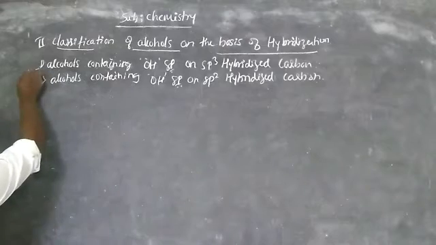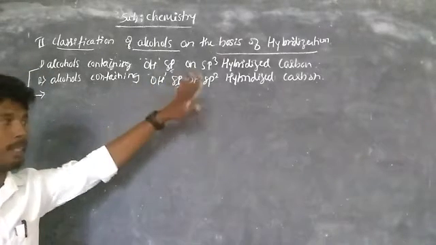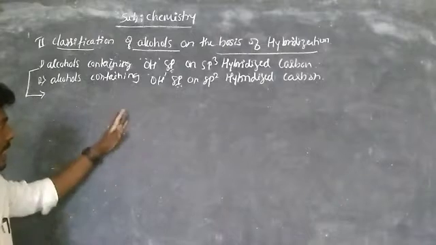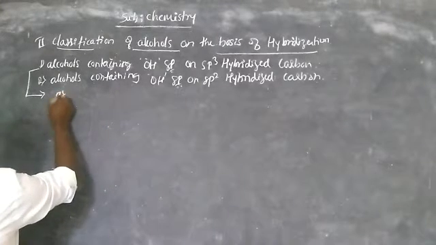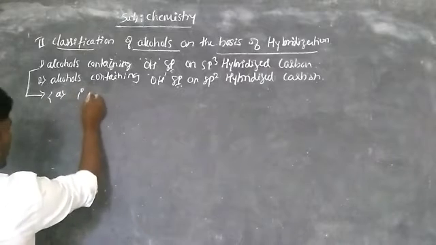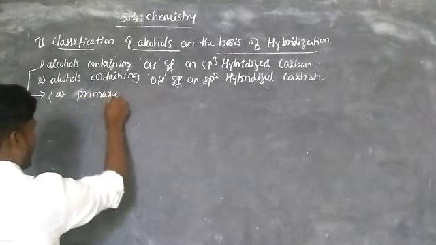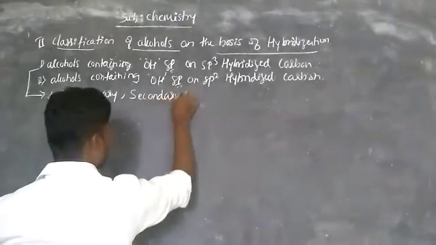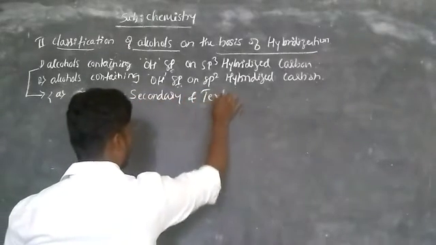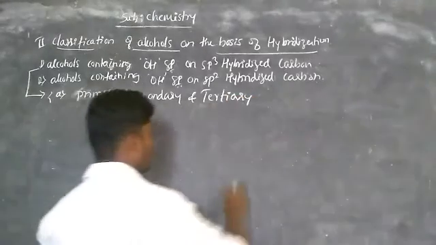Now take the first one. The alcohols which contain OH group on sp3 hybridized carbon atom are again classified into three types. So the first one is primary alcohol, secondary and tertiary alcohols.